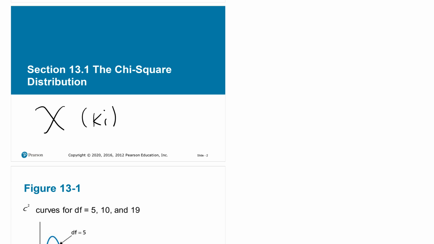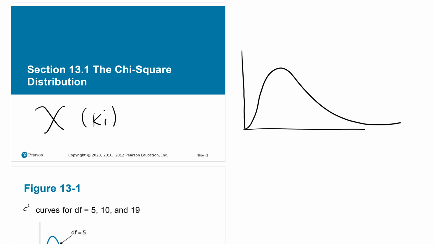We say a variable has a chi-square distribution if its distribution takes the shape of a curve skewed to the right. Something like this, that's skewed to the right. That's called a chi-square distribution, and the curve that I drew is called the chi-square curve.